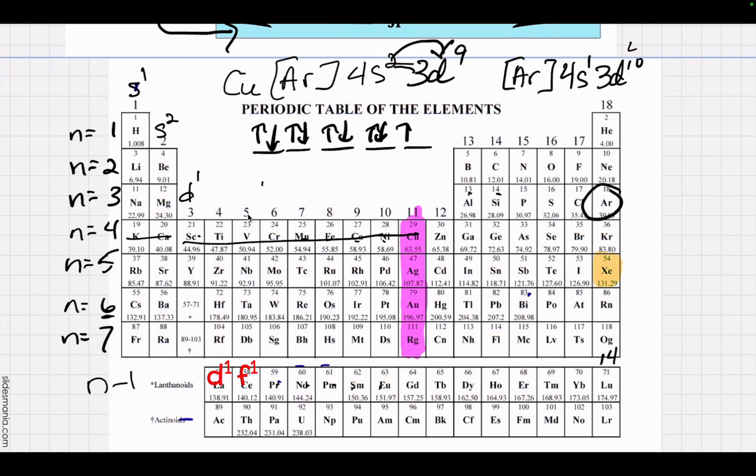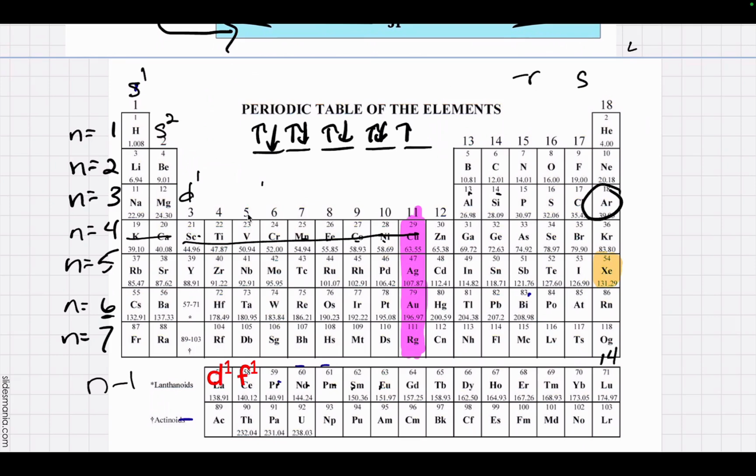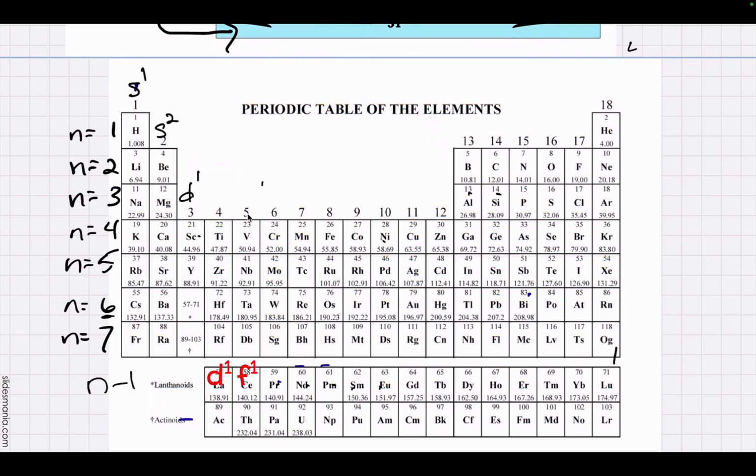So let's do a couple more. Let's do some that'll be more similar to some of the WebAssign. We're going to do the noble gas electron configuration for nihonium, which is right here. So if we do the noble gas configuration for that one, we're going to pick radon. And then 7s2, so we're right here. Don't forget, we do need to go down. This time we don't need to write the 6d1.